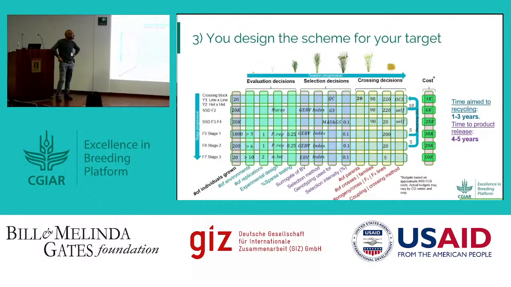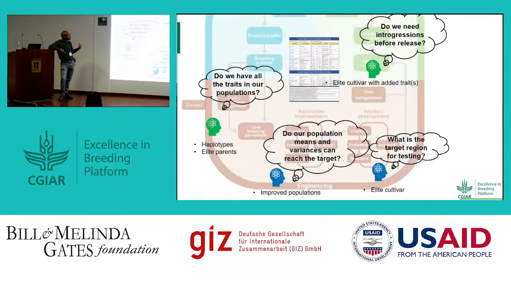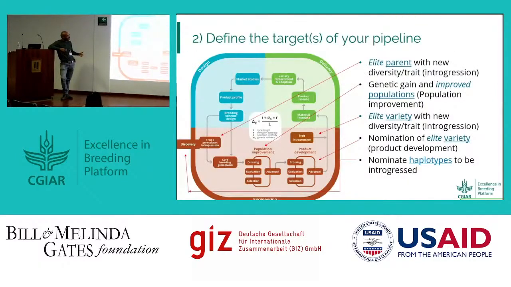Because one thing is to have the product profile with the thresholds, but maybe the populations are way far from that. And that's one of the questions that was being asked to Jan and Agnes earlier: which of these traits should be improved and which should not? Well, basically a trait that cannot easily reach the target needs to be improved.